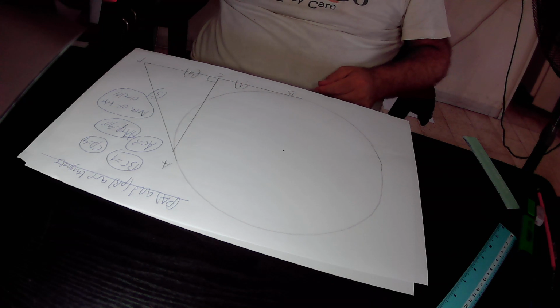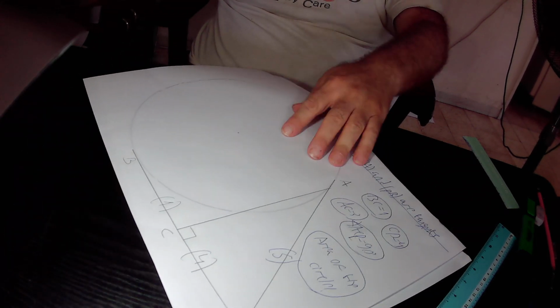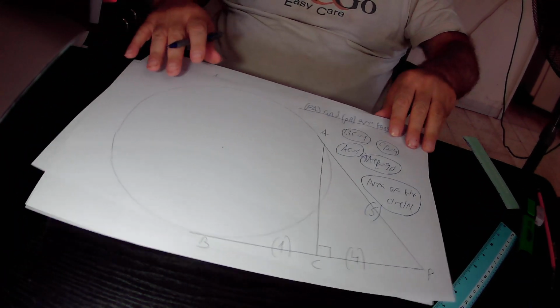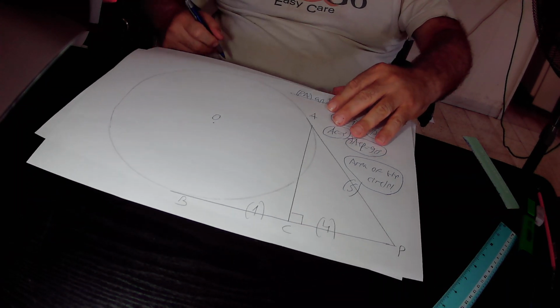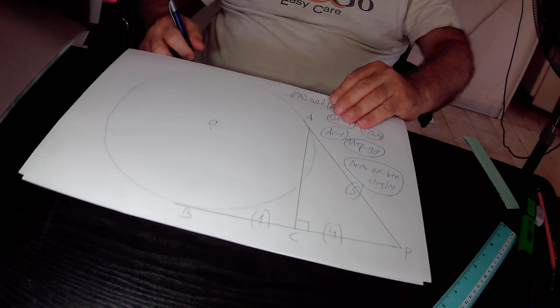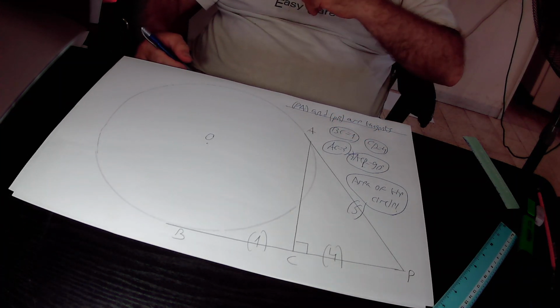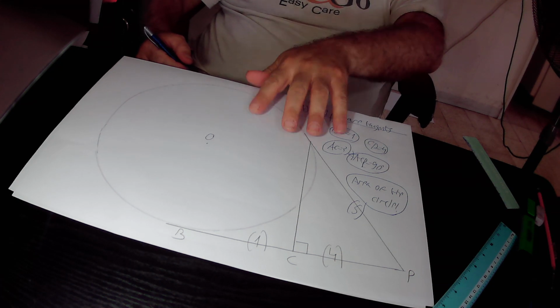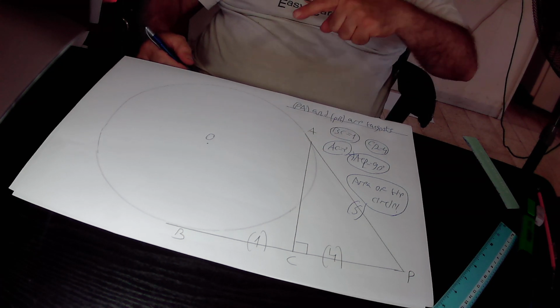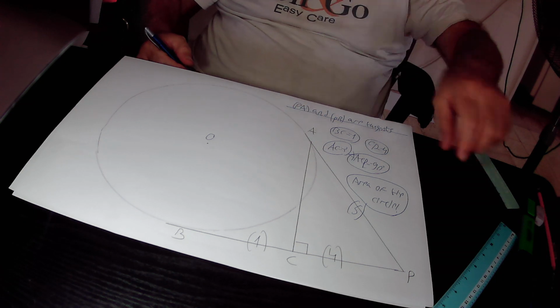In the next step, we will define the center of this circle. This point is point O. And we will also define the radius of this circle as x. So in the next step, we will join points O and B together by a straight line.